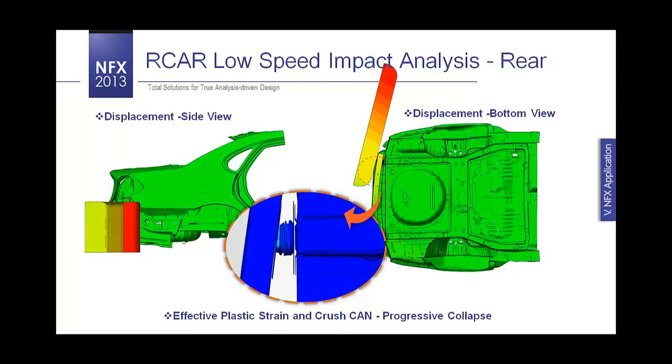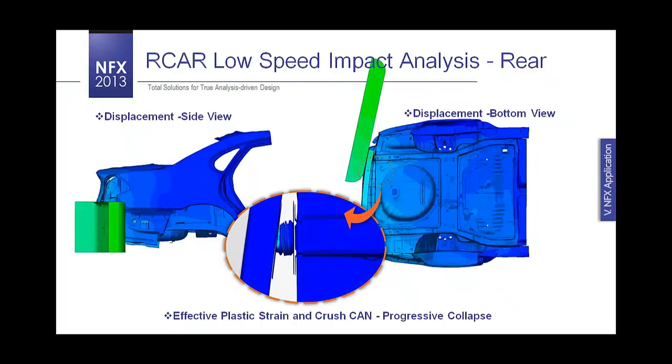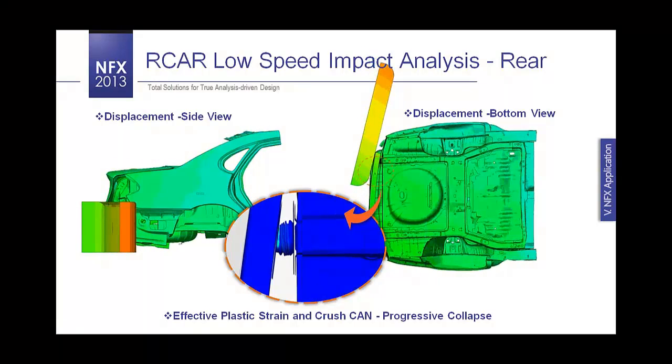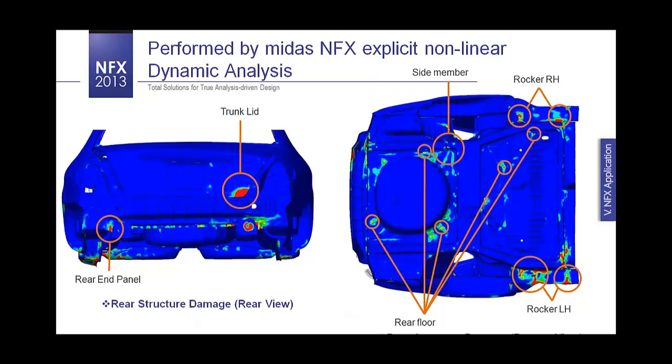So you can see the crash of the rear part of the car, and it is a very important analysis to see the damage that has been done on the car body. So the structure can be reinforced in this kind of case, and this is typically the type of analysis which is used in the car industry for all the design of the cars.